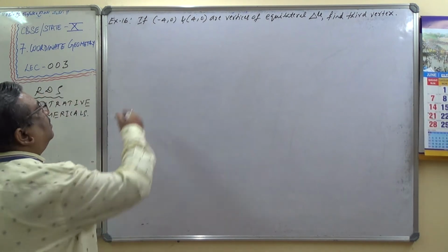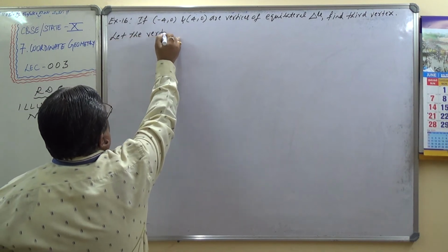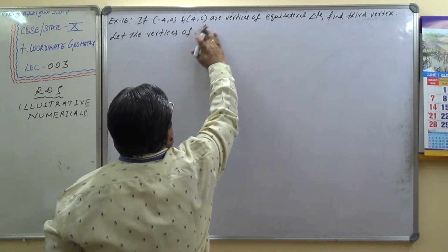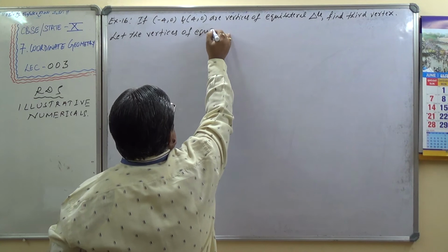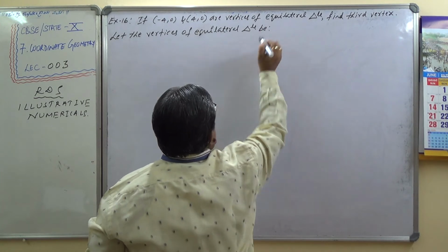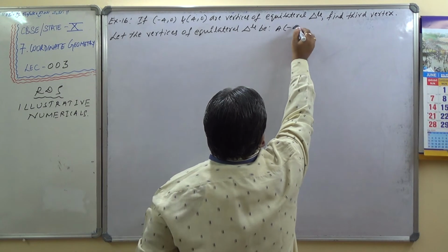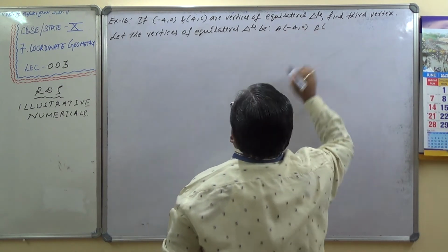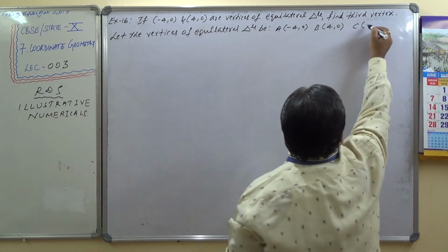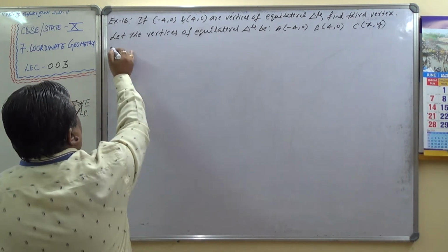So let the vertices of the equilateral triangle be A as minus 4 comma 0, B as 4 comma 0, and C as x and y, which I need to find out. Those are the 3 coordinates given.